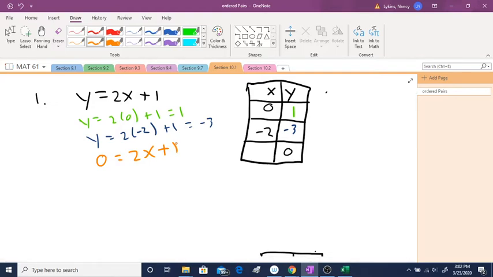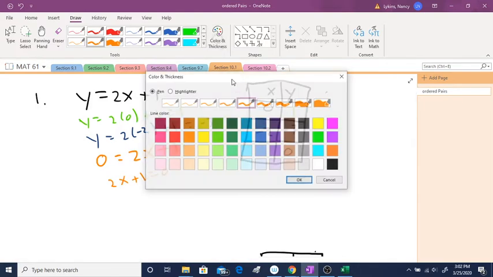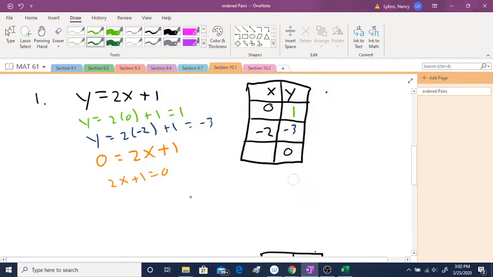So now from this point, what we need to do is solve for x. So you can rearrange as 2x plus 1 equals 0. Subtract 1 from both sides. 2x equals negative 1. Divide by 2. x equals negative 1/2 or negative 0.5.